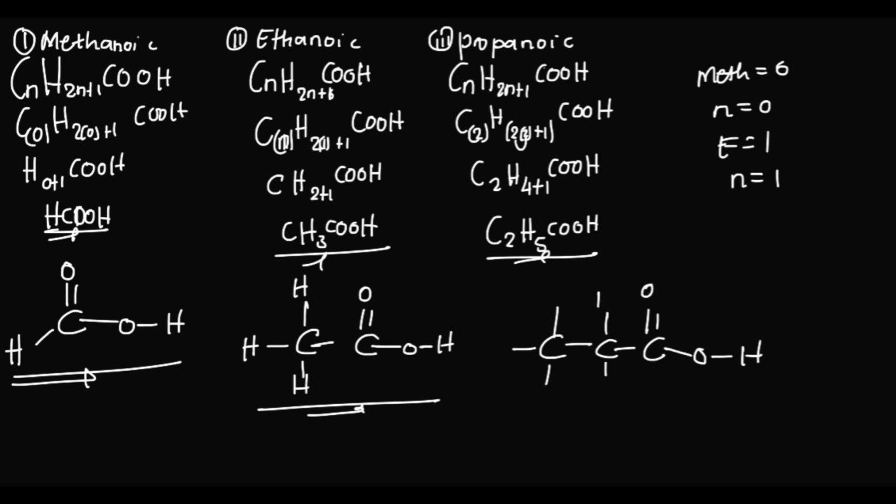So our 5 hydrogens, we have 1, 2, 3, 4, 5. So this is how you can write the molecular and structural formula given the name of a molecule. Now from there, let's look at the formation of carboxylic acid.